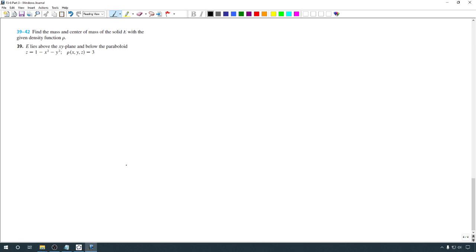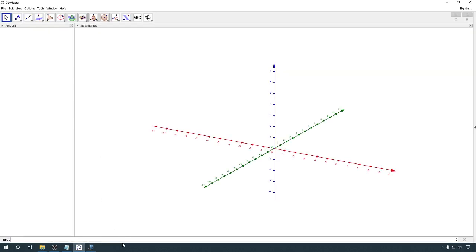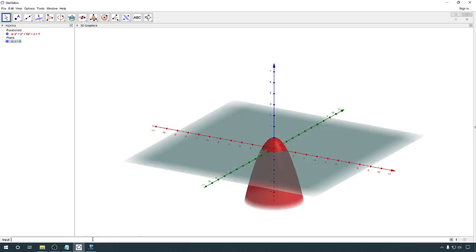Of course, we're going to plot this before we even get started. E here lies above the xy plane and below the paraboloid z equals 1 minus x squared minus y squared. So we go ahead and plot that. We have this paraboloid here, and we plot z equals 0 as our xy plane.